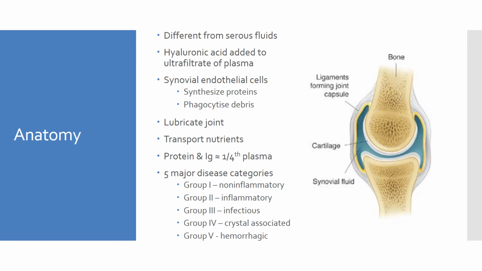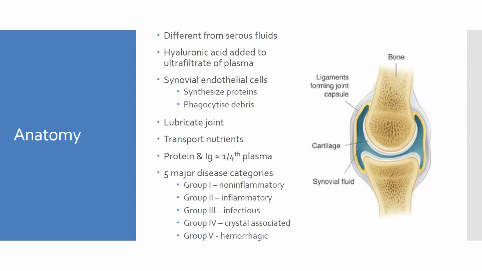If you think about a joint where you have bone on bone, over the years, wearing down, cartilage gets torn and broken and enters the cavity. So those endothelial lining cells are able to phagocytize, as well as synthesizing the proteins that are necessary to keep that joint fluid. Okay.